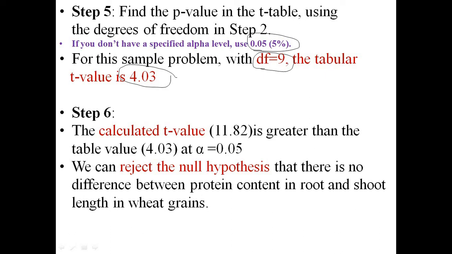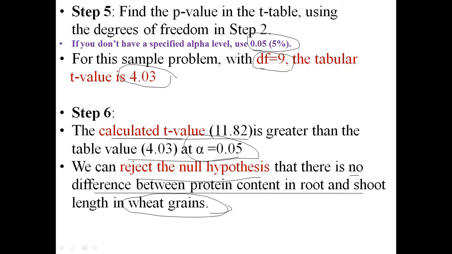Again we have observed here that the calculated value is greater than your tabular value at alpha equal to 0.05. So we can reject the null hypothesis, as there is no significant difference between protein content in root and shoot length of the wheat grains.